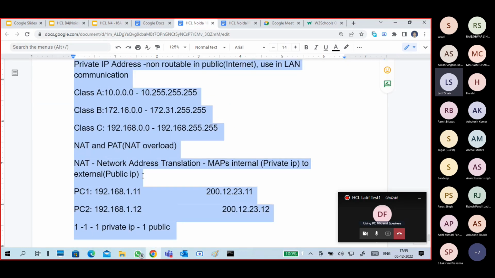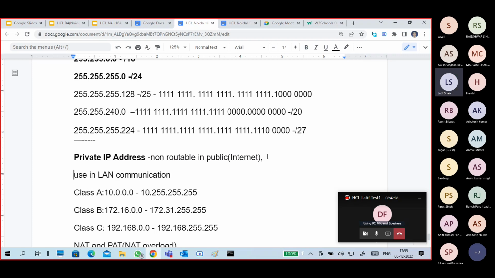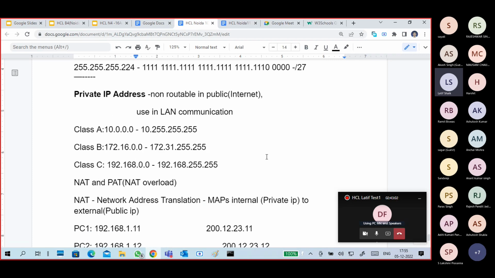We'll see later. This is about private IP addresses. What are private IP addresses? They are non-routable in public, meaning the internet. We use these IP addresses in LAN communication. Private IP addresses are only for LAN communications.